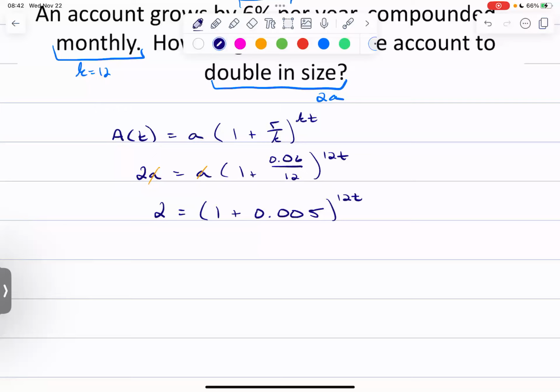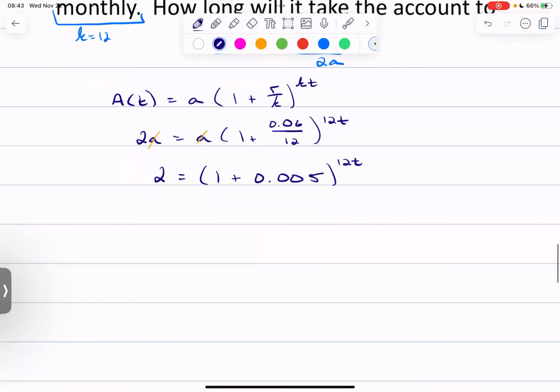Anyways, got distracted. So I've got 1.005 to the power of 12t. Now, we could take the log base 1.005 because we've got our snazzy calculators, but usually what I would do is I would just take the natural log anyways.